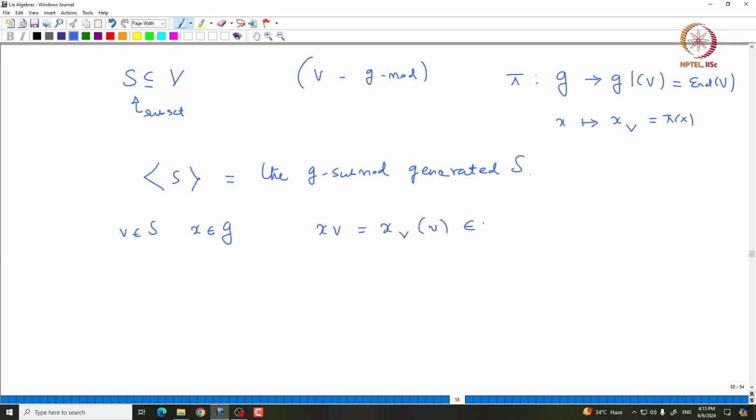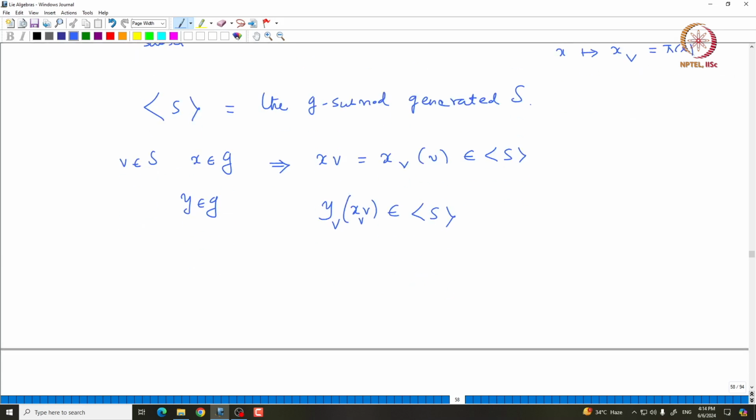This must be inside the submodule generated by S. Not only that, if we take another y in G, I can also compose y_V x_V, and that is also inside the submodule generated by S. So, it makes sense to denote this symbolically by just xy.